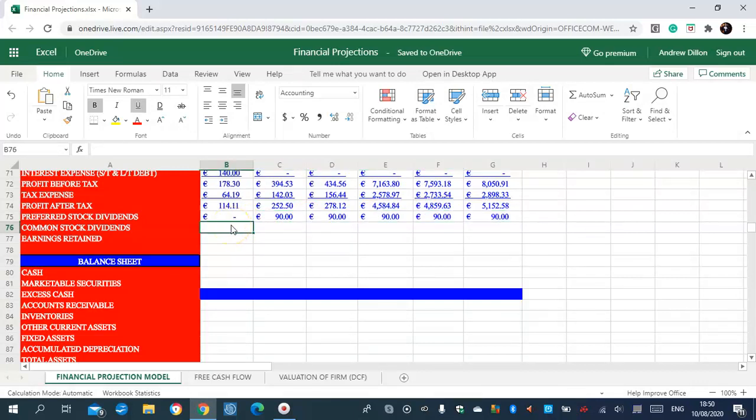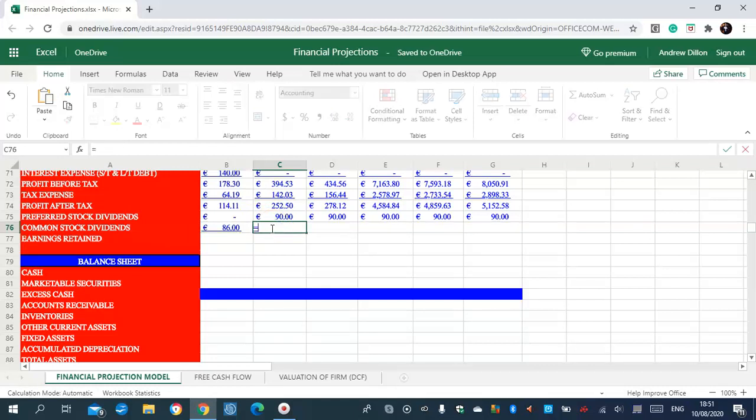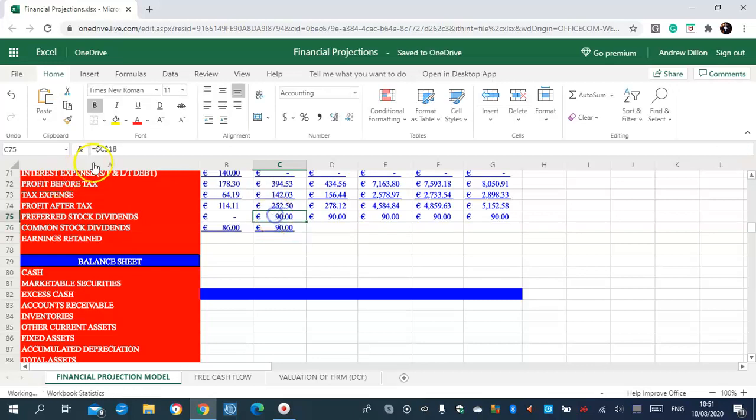Now, next heading is the common stock dividends. So, first one is $ sign B $ sign 78. Next one is, as for the rest of the letters, $ sign BC, $ sign 18. Change that to 16.